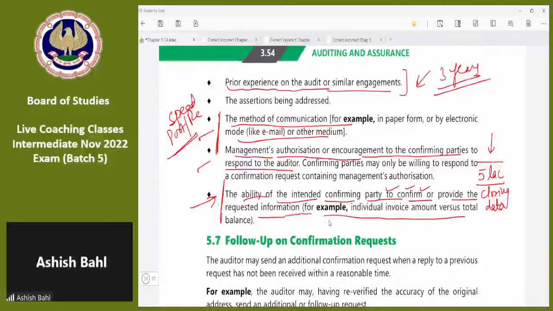We had discussed assertion for the sake of understanding the subject. The audit procedures are applied during the course of audit, during the process of audit.